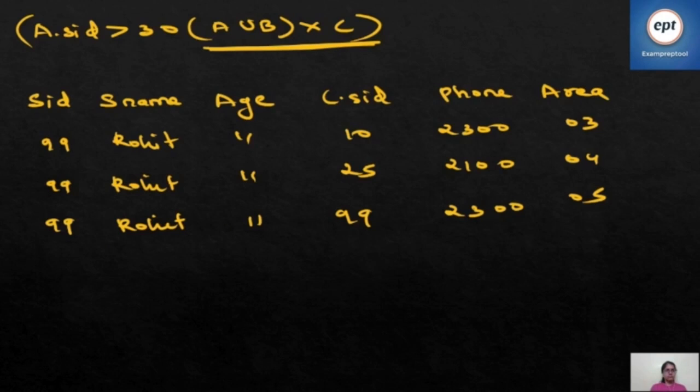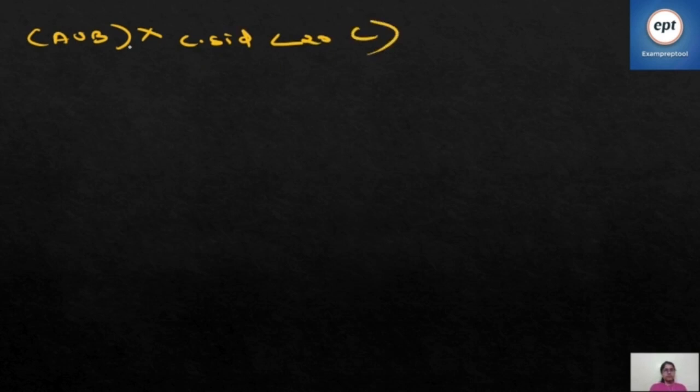So after this we have to do A union B cross product of C where C dot SID should be smaller than 20. This is very similar to the previous one. Now we have to check SID should be smaller than 20, and we will do the union and the cross product.